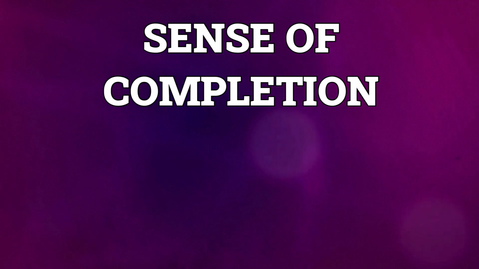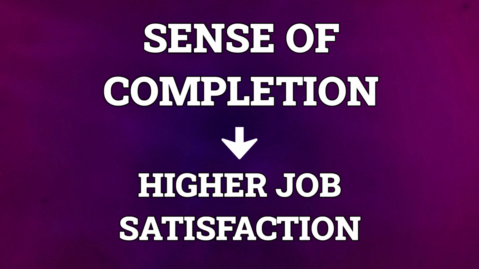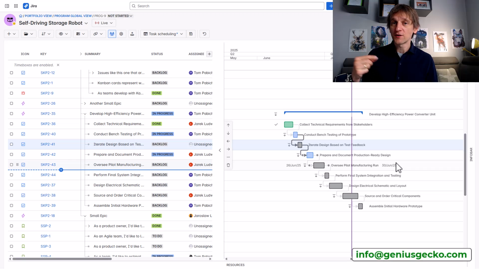So getting a sense of completion, but also being able to visualize better what's going on for a certain individual. So I come to work and I can see, okay, today I need to focus on this. It's a small element. I feel like I can do it in a day, 2, maybe 3, and then I will be able to shift my focus to something else, instead of thinking crazily about all of the things that need to be done in terms of everything that is going on.